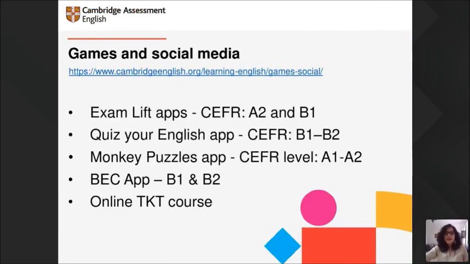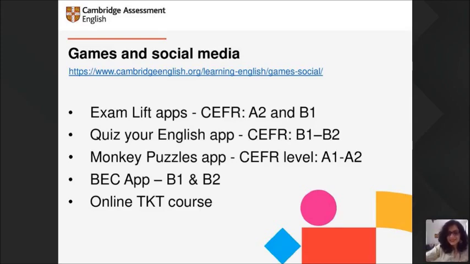You have a phenomenal presence of Cambridge English on social media also. Cambridge English has a range of apps, and some of them are really fun apps. They are very engaging, interactive in nature, and they can keep the student busy for hours, right? So you have Exam Lift apps, which are designed for candidates taking the A2 and B1 levels of proficiency tests.